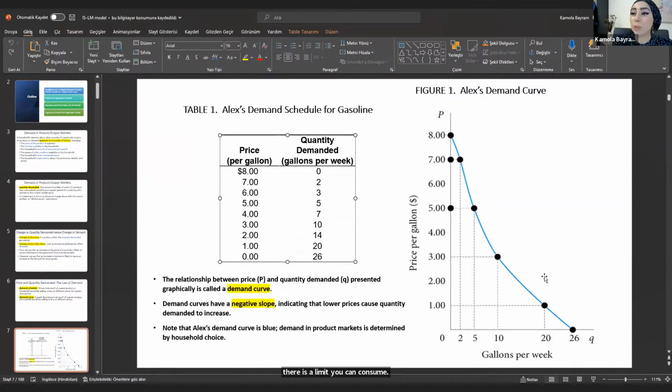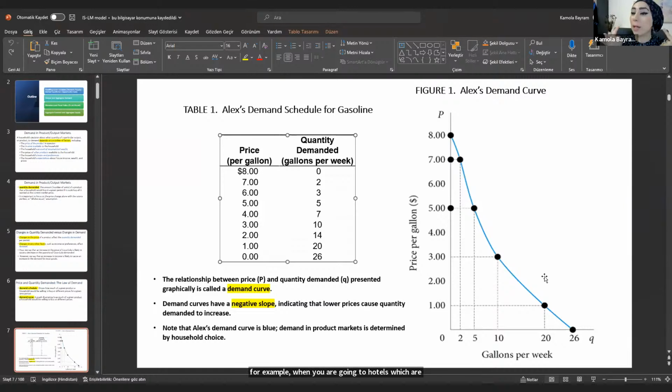There is always a point of saturation in consumption, which means that even if I give that product to you for free, you will not consume it anymore. There is a maximum limit you can consume. You cannot consume more.